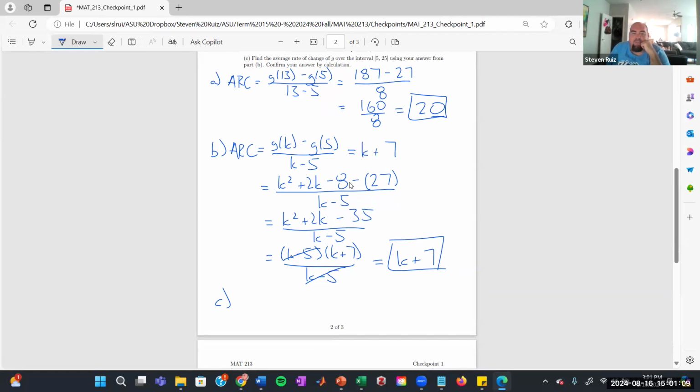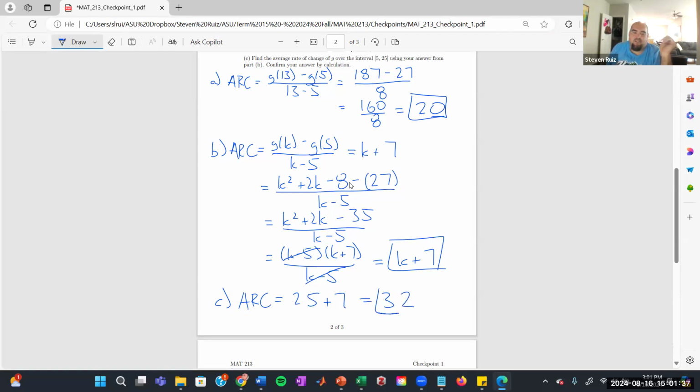If I want to find the average rate of change on this function over any interval starting from 5, I can do that with this thing I just did here. So what is my final value of x on that interval? My average rate of change will be equal to 25 plus 7, which is going to equal 32.